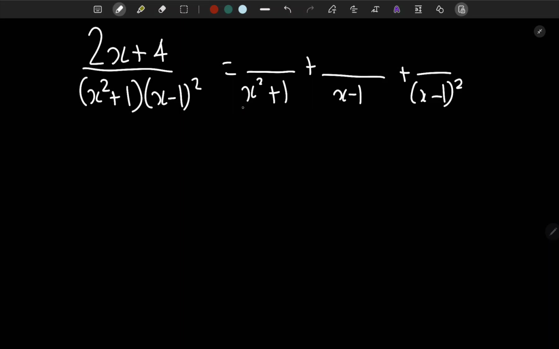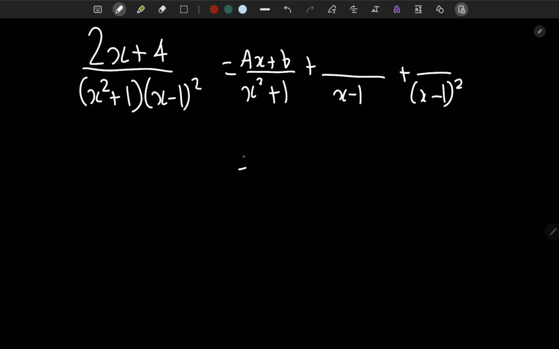Actually, let me rephrase that. The numerator is always 1 power less than the denominator. So in the first one, where we have x squared, the numerator here is going to be ax plus b, which you might recognize from your line equation, y is equal to mx plus b, where m here is a and b is b, x is x.